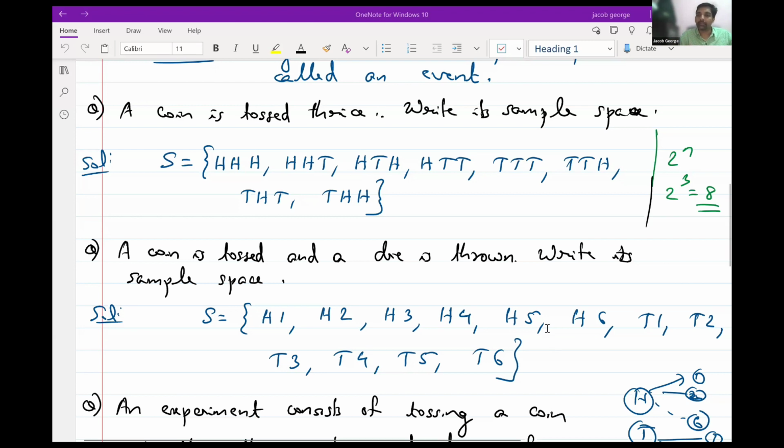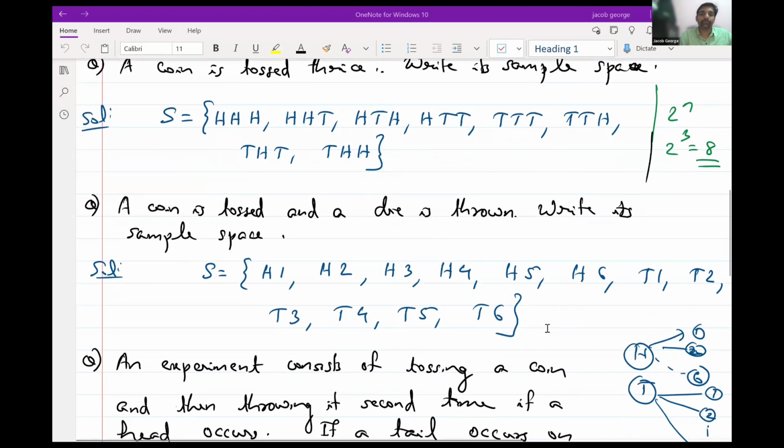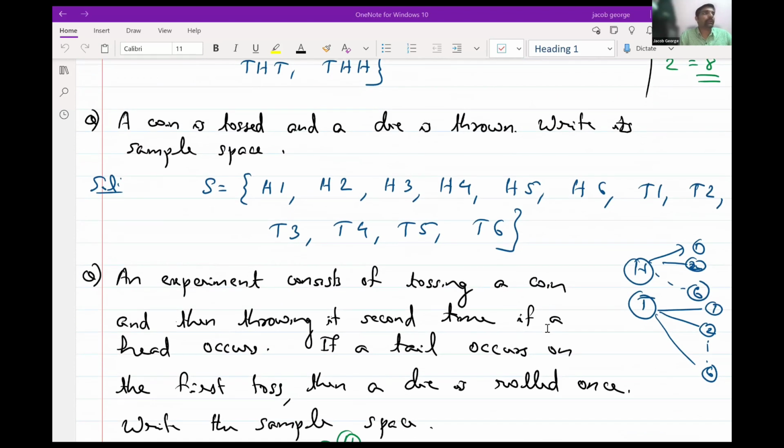One more example. Direct questions may come to write the sample space, but the main question will be to write the total number of outcomes and to find the probability; in that type of question, this is useful. Next, an experiment consists of tossing a coin. This is also a connected event.